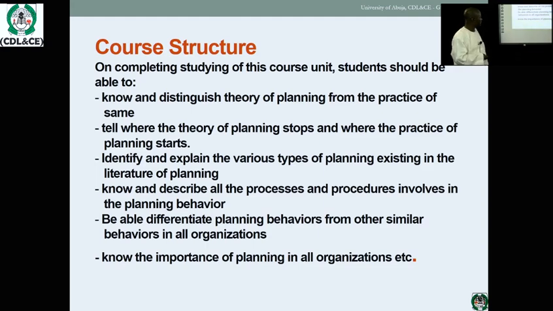They should be able to identify and explain various types of planning existing in the literature of planning. They should also be able to describe all the processes and procedures involved in the planning behavior, because there are so many other behaviors in administration. They should also be able to differentiate planning behavior from other similar behaviors in organizations. They should also know the importance of planning in all organizations, and so on and so forth.